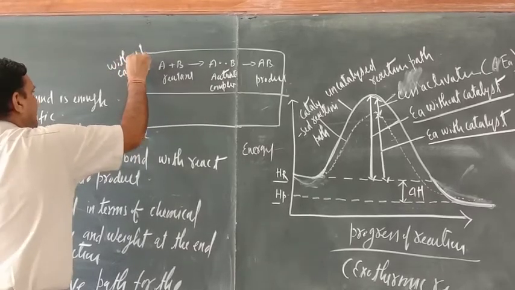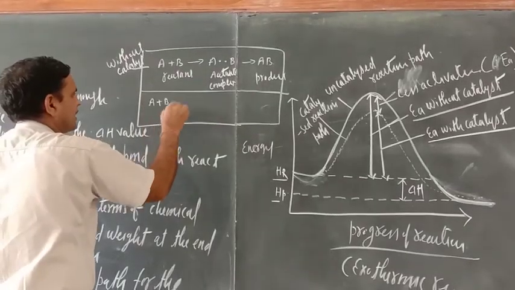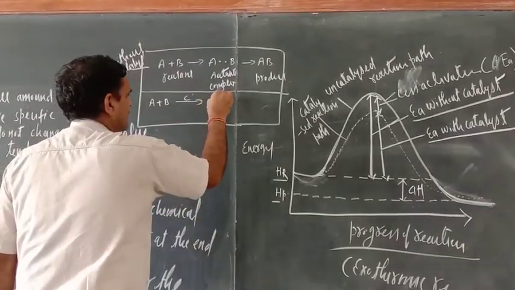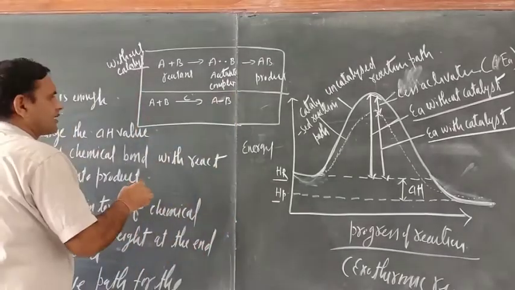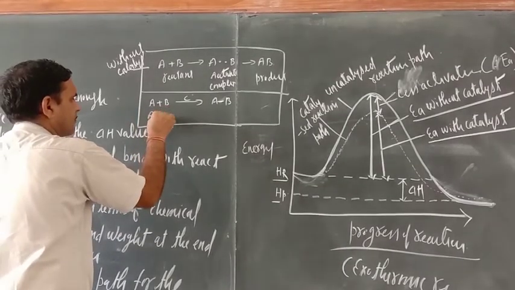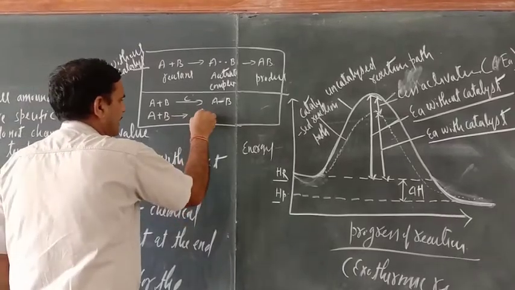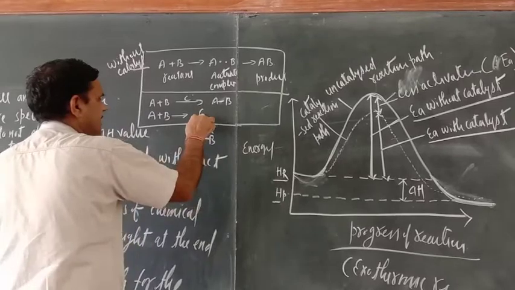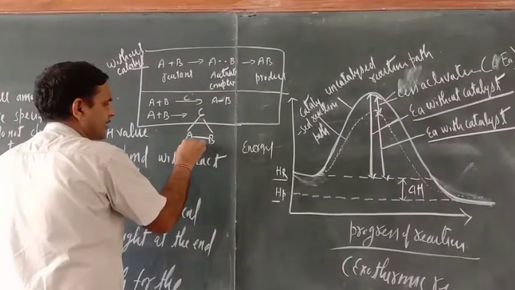Now suppose a catalyst is there. So A plus B, and suppose C is the catalyst. Of course the product will be AB only, but see how the reaction takes place. First A plus B will form one reaction intermediate with the catalyst C. This is the activated complex.